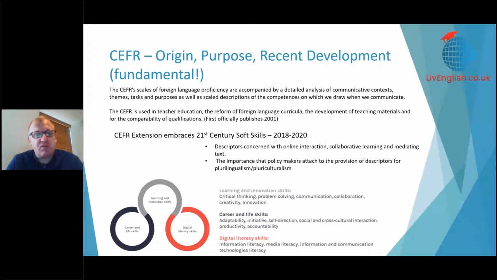Adding descriptors of what someone can do with the language when it comes to online interaction, collaborative learning, mediation, and other skills that reflect what we do in everyday life and describe some of the fundamental skills that employers, but also the world of academia, are now looking for in candidates.